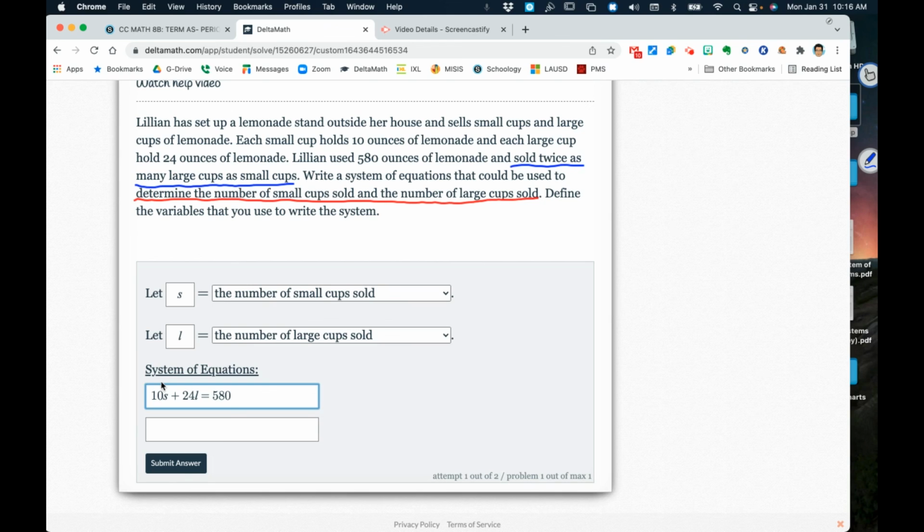Twice as many large cups as small cups. What did she sell more of? Large cups, right? How many times as much? So L equals 2 times what? The large cups equal twice the number of small cups. Try that.